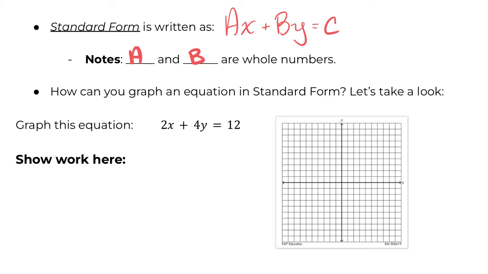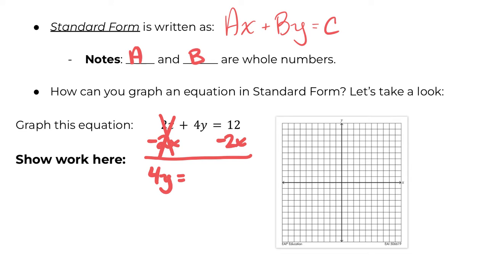The way to do that is to isolate your y variable, get that by itself. So to do that, it only takes 2 steps typically. I will subtract 2x because I want to move my x variable to the right side. Now when we do that, those will zero out or cancel out, and I'll go ahead and rewrite. I have 4y on the left side equals.